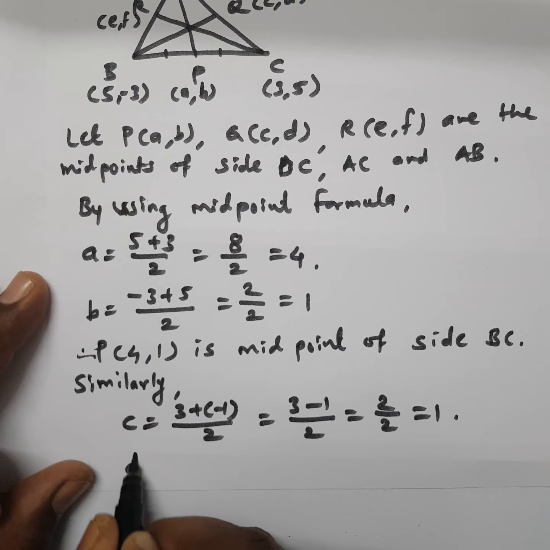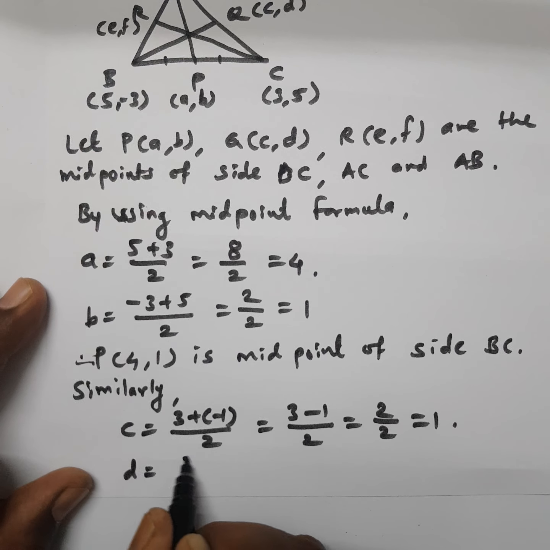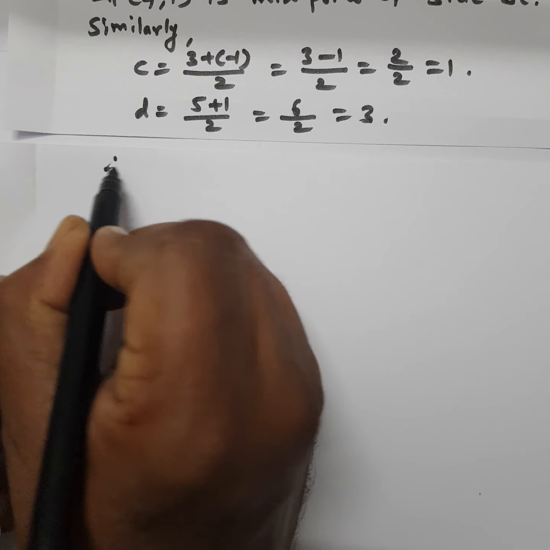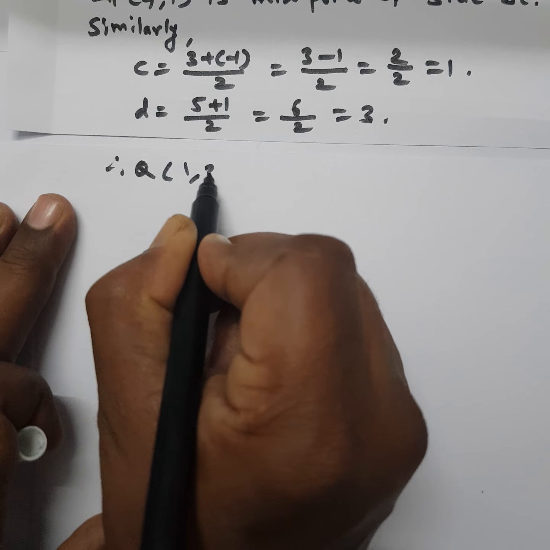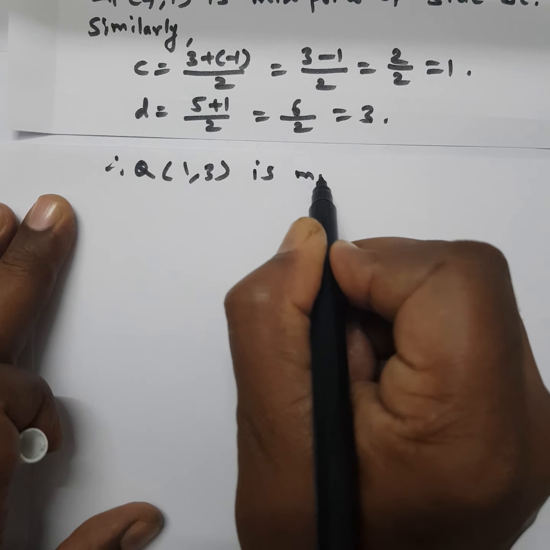Then D is equal to y1 plus y2, means 5 plus 1 upon 2, is equal to 6 upon 2, is equal to 3. Therefore, Q(1, 3) is the midpoint of side AC.